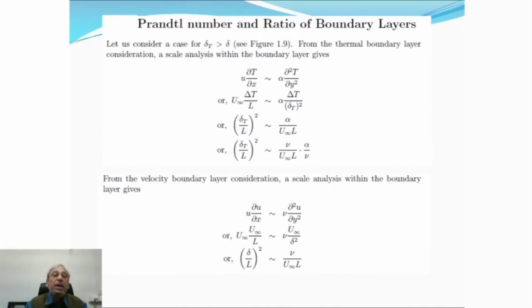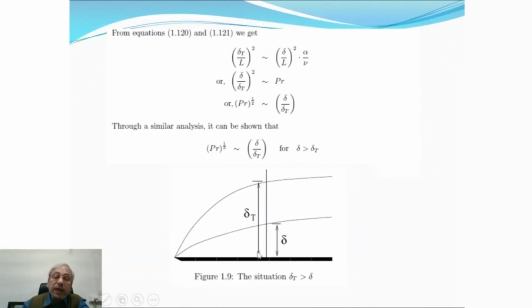Now let us consider a case where flow is taking place over a heated plate, boundary layers have been formed, and this is δT, the thermal boundary layer, and this is δ, the velocity boundary layer. In this example, δT is greater than δ. That means the thermal boundary layer thickness is greater than the velocity boundary layer thickness.